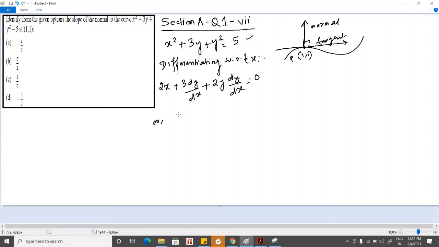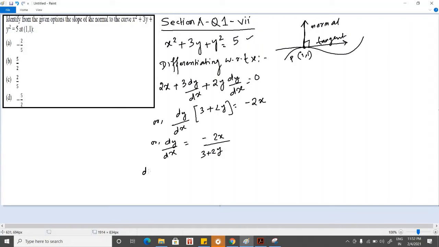From here, let us make dy dx the subject, and we get (3 plus 2y) dy dx equals to minus 2x. Then we can write down dy dx equals to minus 2x whole divided by 3 plus 2y. This is the slope of the tangent at any point on this curve.